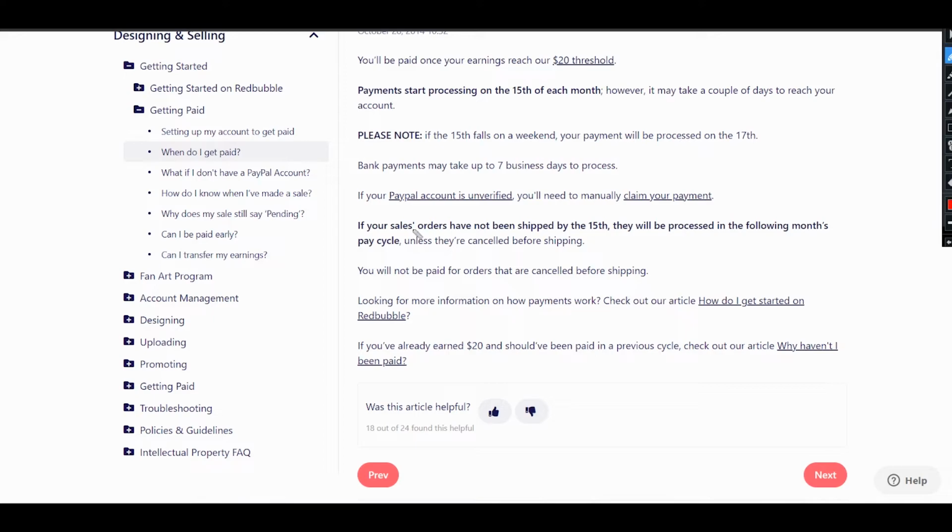And it is really important that in your payments there will be orders that were shipped by the 15th day of the month. So if, for example, you have a sale on the 14th of January, and the product isn't shipped by the 15th, you will not get paid for this product, or in other words, this payment will be in the next month, of course, if you reach this $20 on your account.